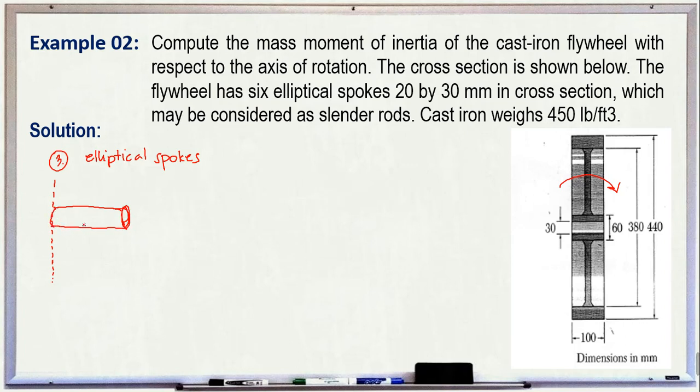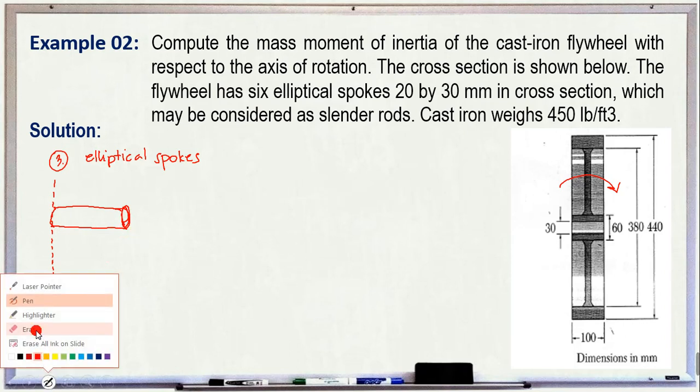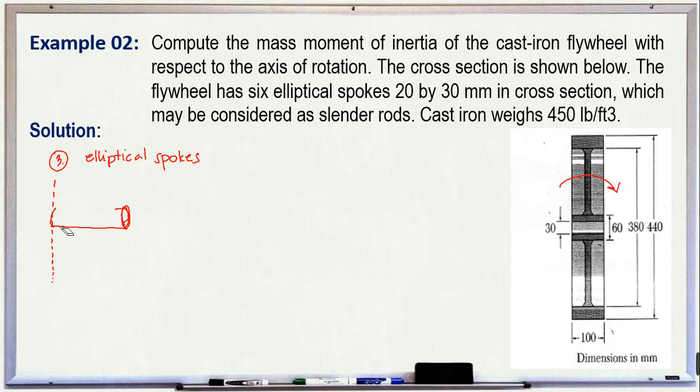To make our drawing realistic, the spoke does not terminate at the center but at the hub. So if this is our hub, the spoke is only here.